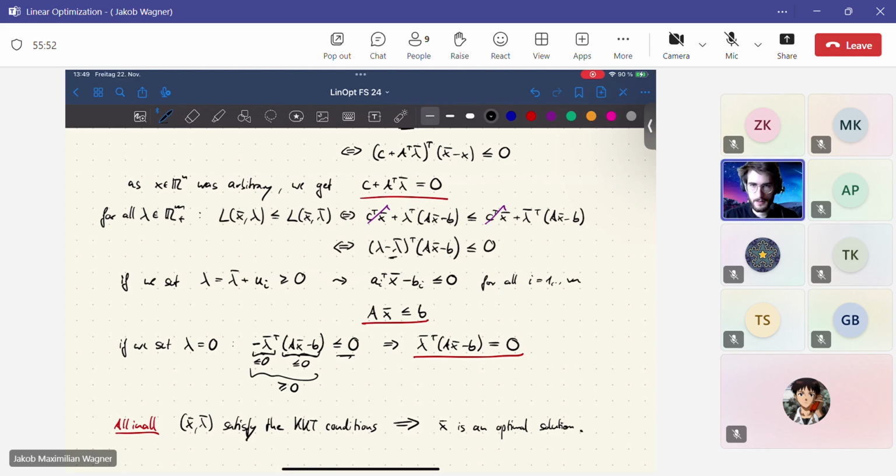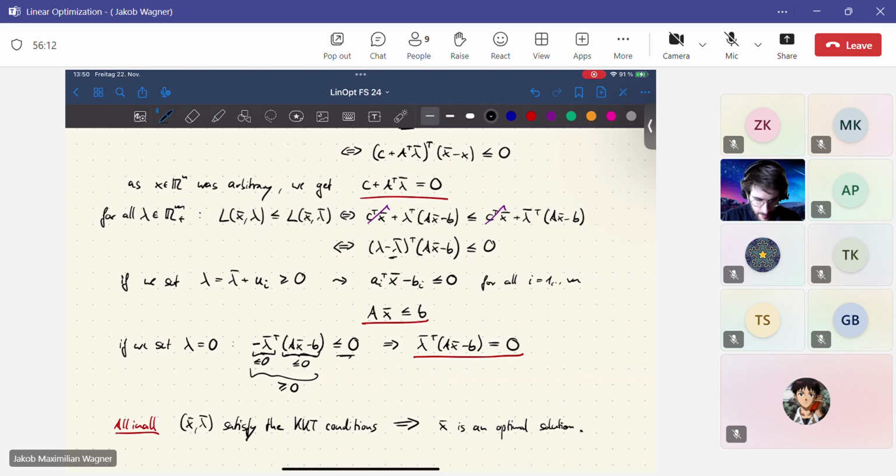And now a probably very intuitive idea would be to say, well, then let's just compute all the vertices that we have for our problem, check the objective values at all these vertices, and find the one that has the lowest value.